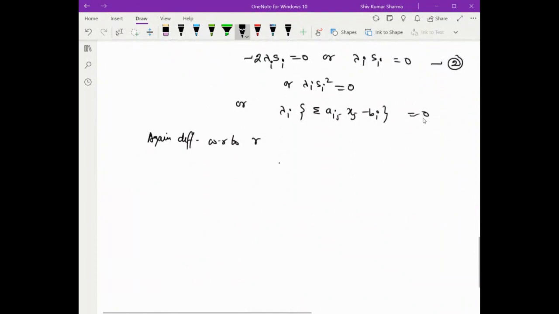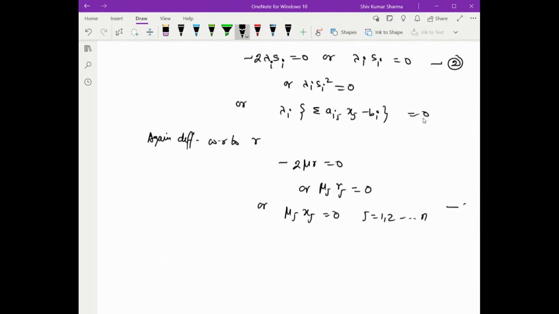So that means we write minus 2 mu r equal to 0 for a single element, and for the general term you write mu j rj equal to 0, or you can write mu j xj equal to 0, for j equal to 1 to n.